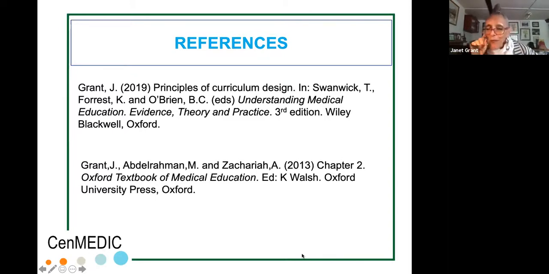That would be wonderful. But if you think about it, there are some things that everybody has to have, no matter how contextualized. Everybody has to know basic science. Everybody has to have clinical skills. Everybody has to have had the experience of dealing with patients and all that stuff. No matter how contextualized your curriculum is, they all have a lot in common.